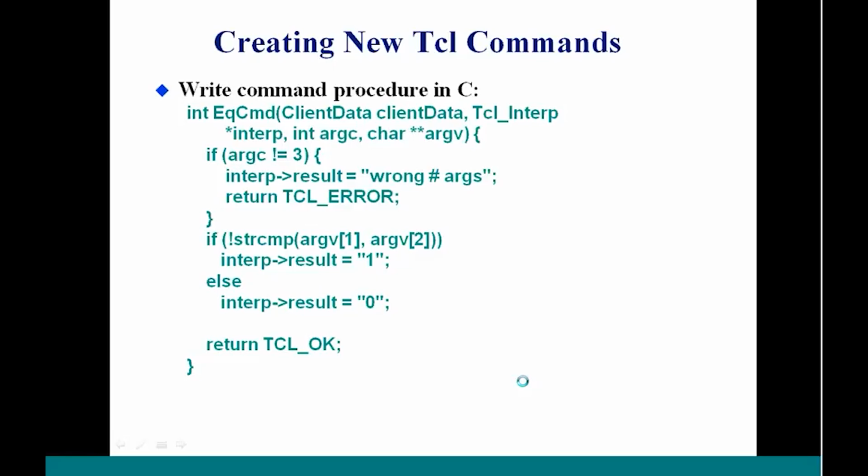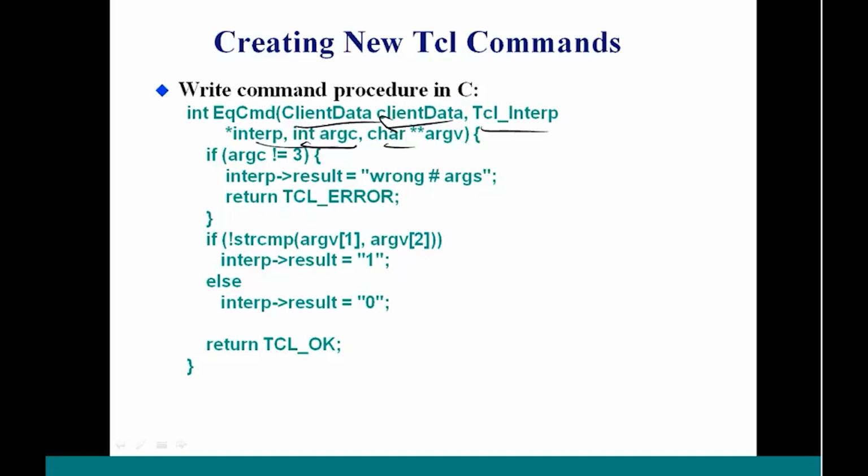So now, creating new Tcl commands. Essentially, we write the command procedure in C. So EqCmd takes clientData, Tcl_Interp, where we create that one, and then we have the integer argc and char **argv. This is written in C. If argc is not equal to 3, then we just say wrong arguments.